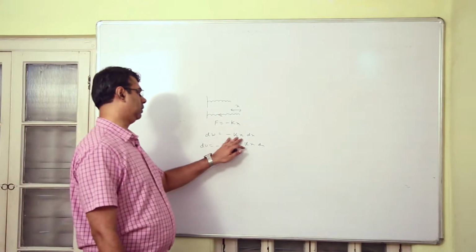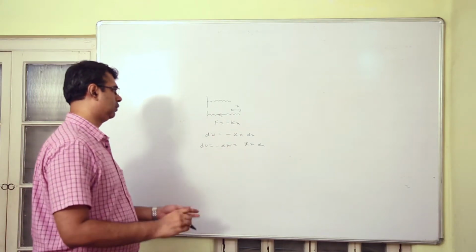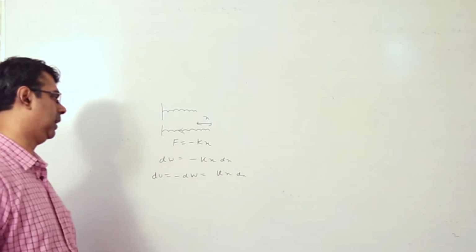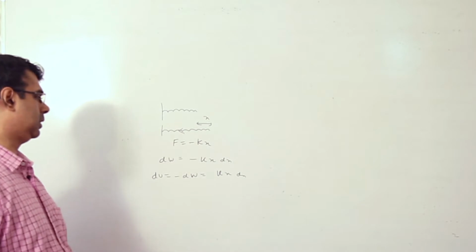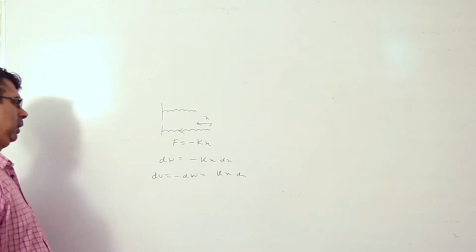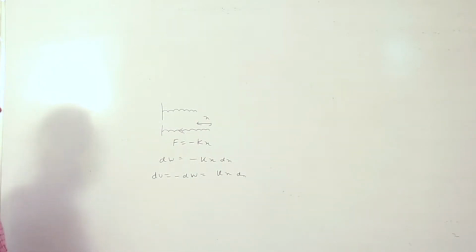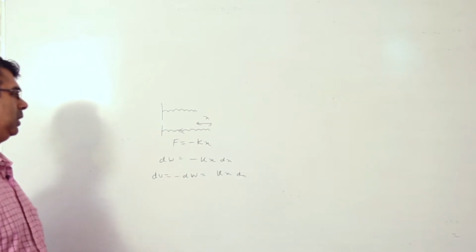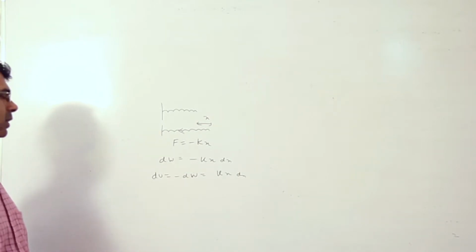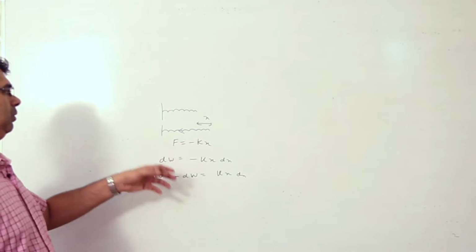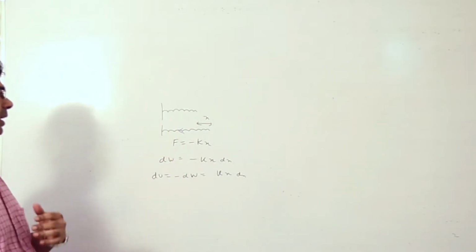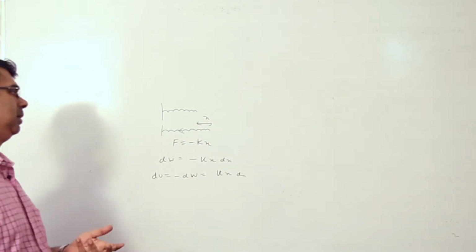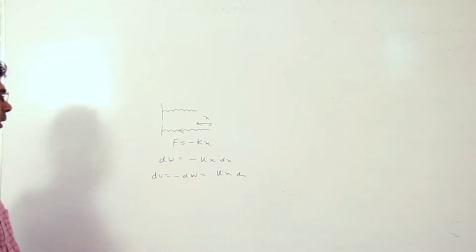So dw will be minus kx into dx because the force and displacement are oppositely directed, and du will be minus dw, that is kx into dx. Now in this particular scenario, it is easy to understand what is the reference value of potential energy. Obviously it will be the natural length of the spring. When the spring is at its natural length, that time the potential energy will be zero.